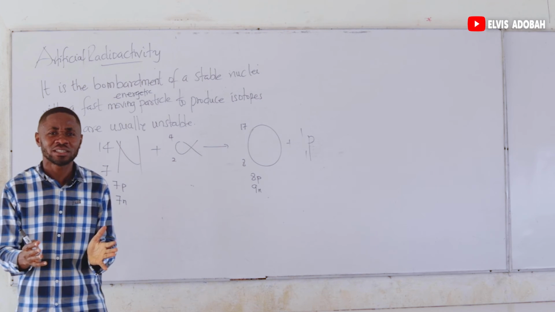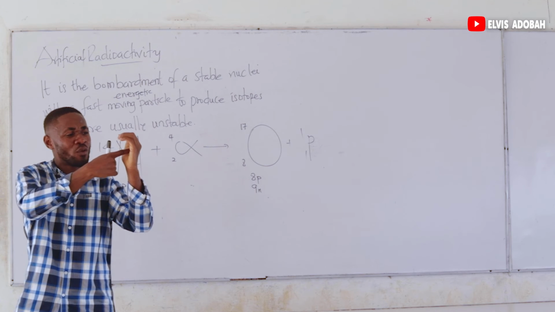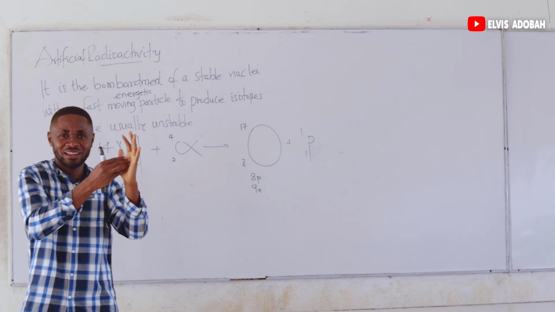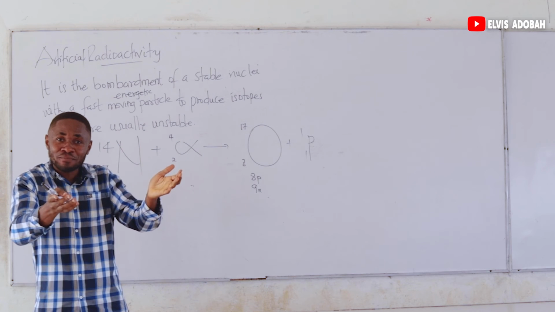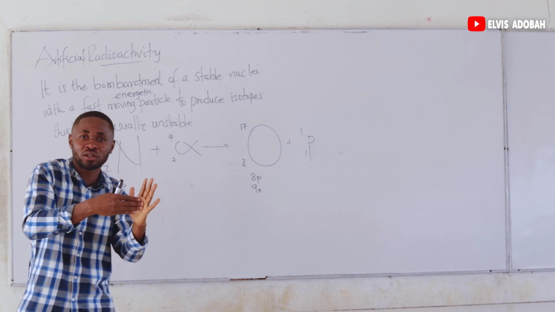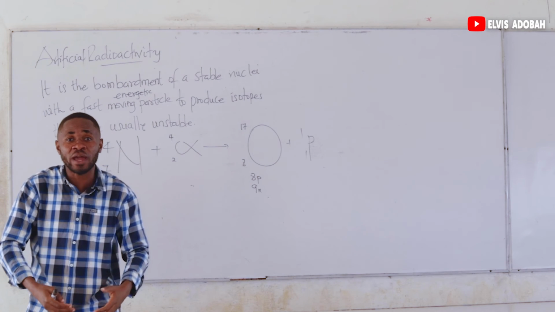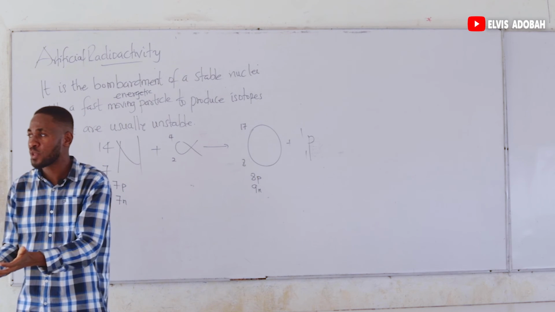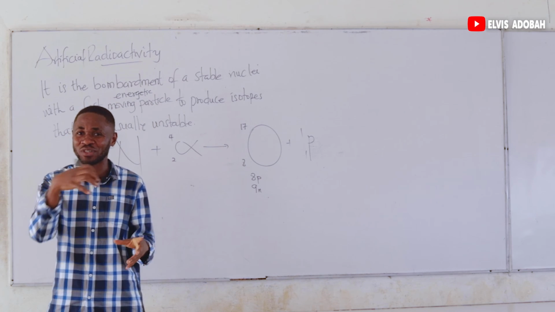They take uranium and shoot a fast-moving particle through it. When the fast-moving particle sticks, either the number of protons increases, or the numbers of protons and neutrons both increase, forming a different element. Remember, the moment the number of protons increases, we have a different element from the one we started with.